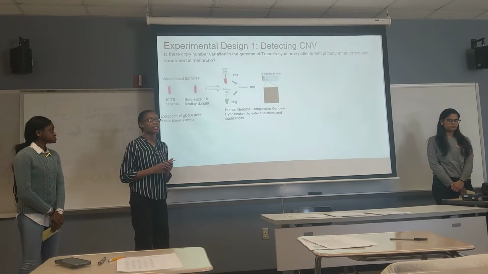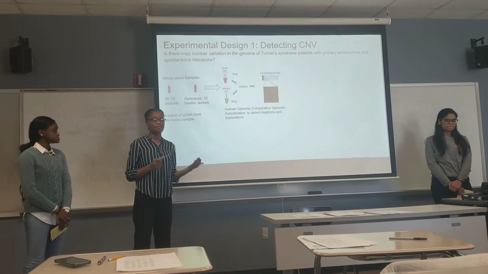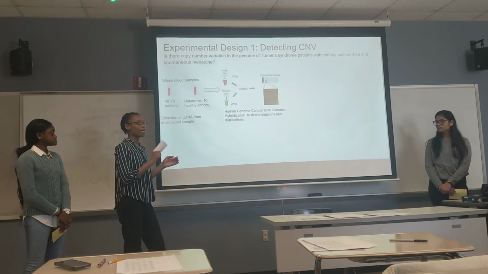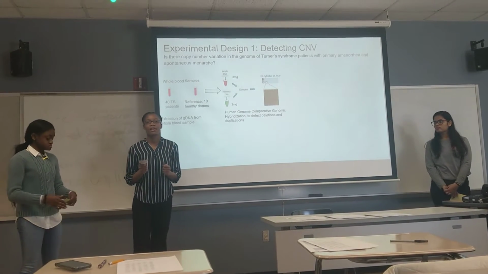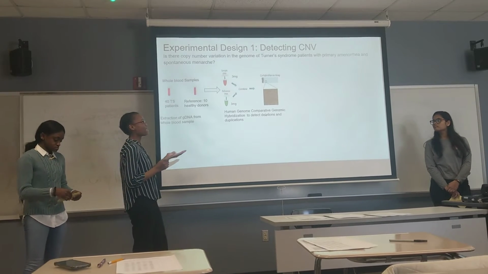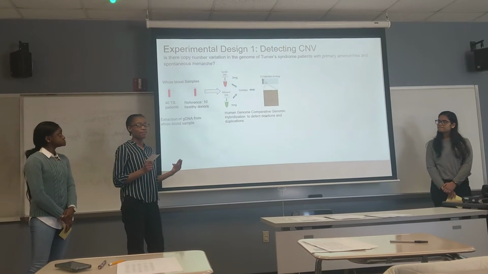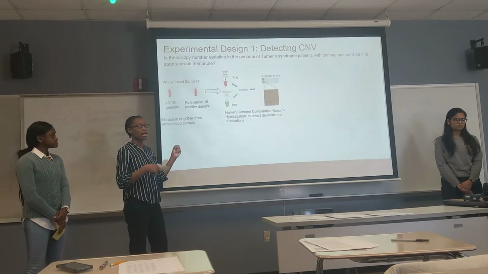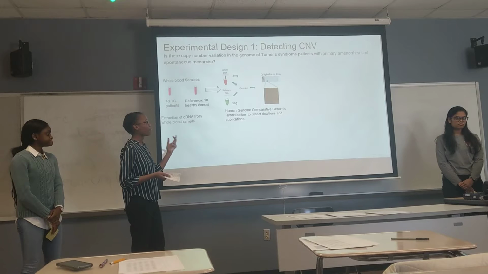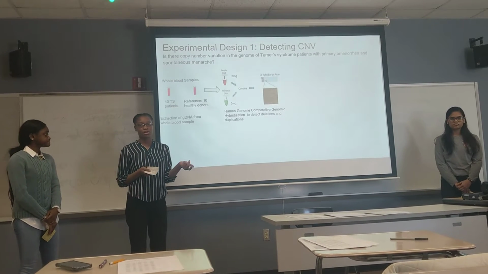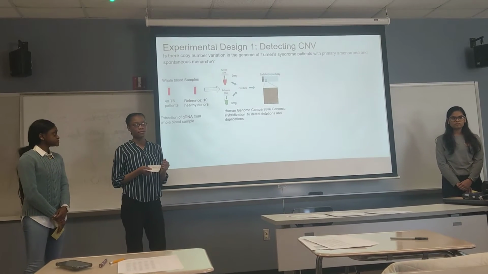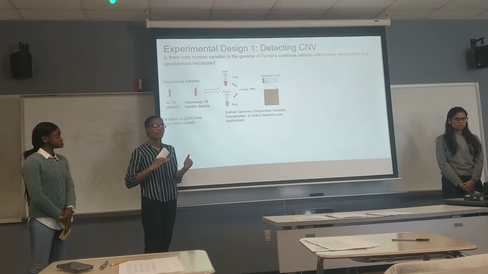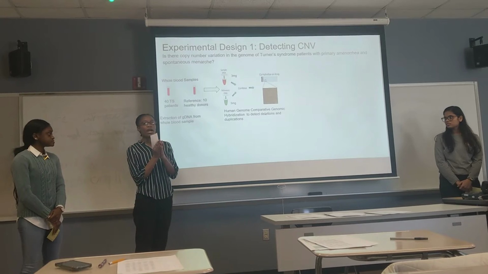So the method used to analyze whether copy number variance is present or not is a method called array comparative genomic hybridization. And this is a technique where, as we said, we have genomic DNA from a patient and from a reference. The reference, as I will continue mentioning, refers to the genomic DNA from the healthy donors. So these genomic DNA are cut into small fragments, and then they are co-hybridized.